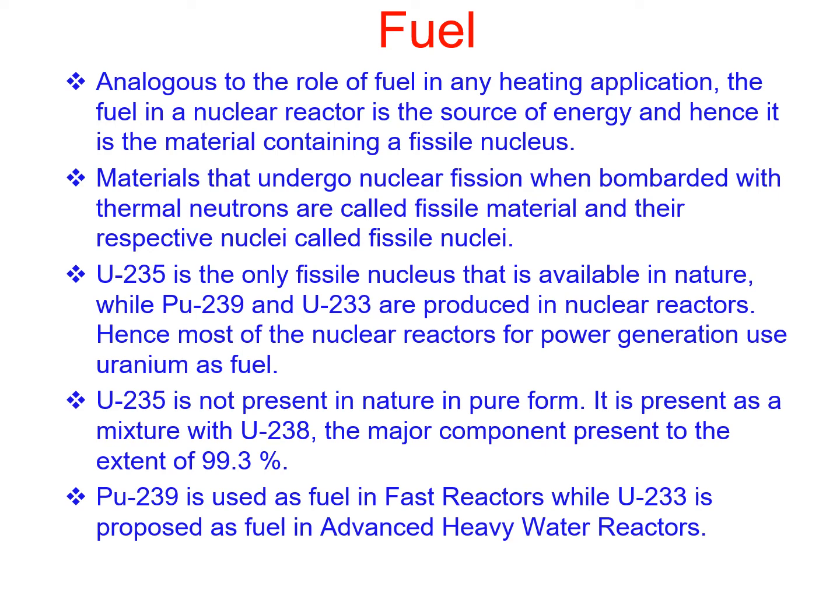Uranium-235 is the only fissile nucleus that is available in nature, whereas plutonium-239 and uranium-233 are produced in the nuclear reactors. Plutonium-239 is used as a fuel in fast reactors, whereas uranium-233 is used in advanced heavy water reactors.